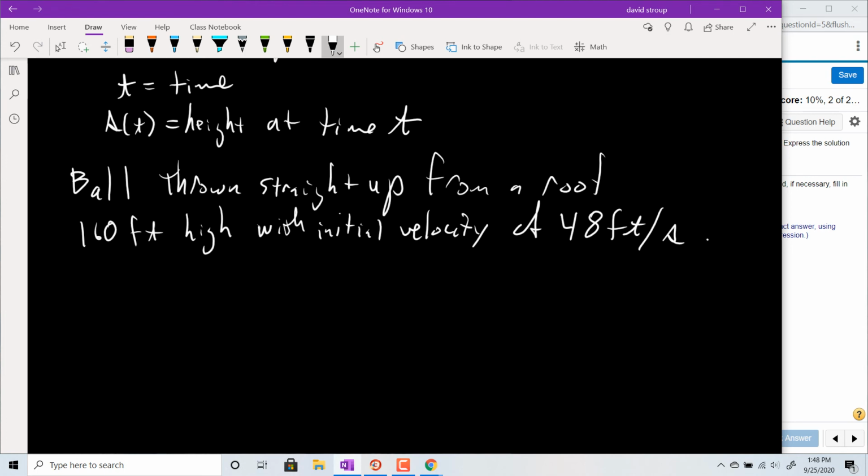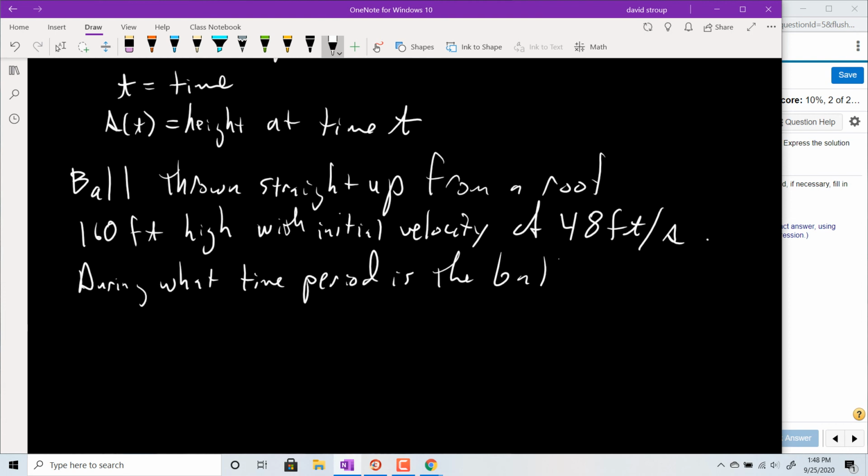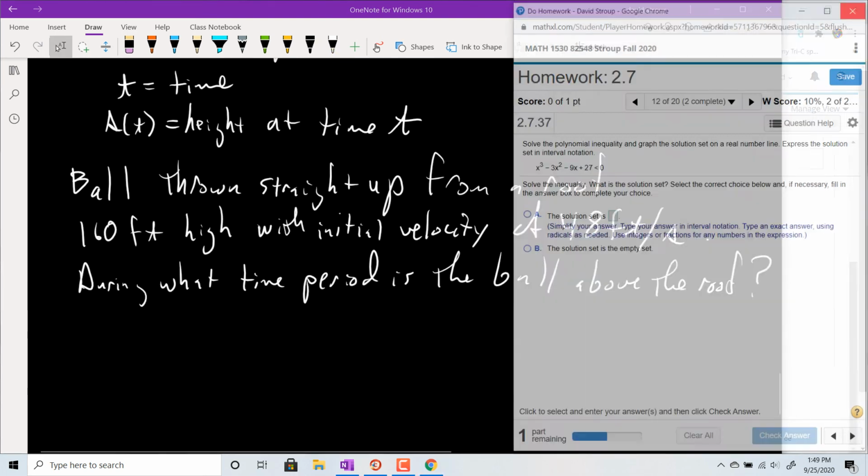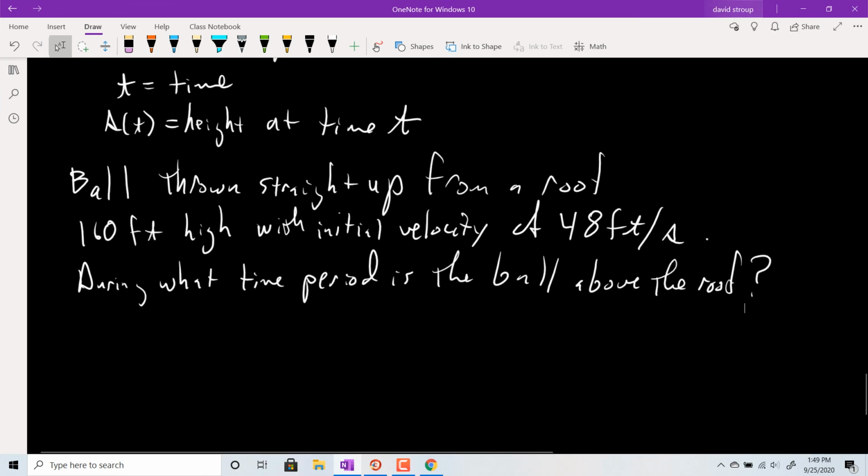So anyways, during what time period is the ball above the roof? Okay, so let's leave this out and draw a little picture. Here I am on top of this roof, and I throw the ball up.